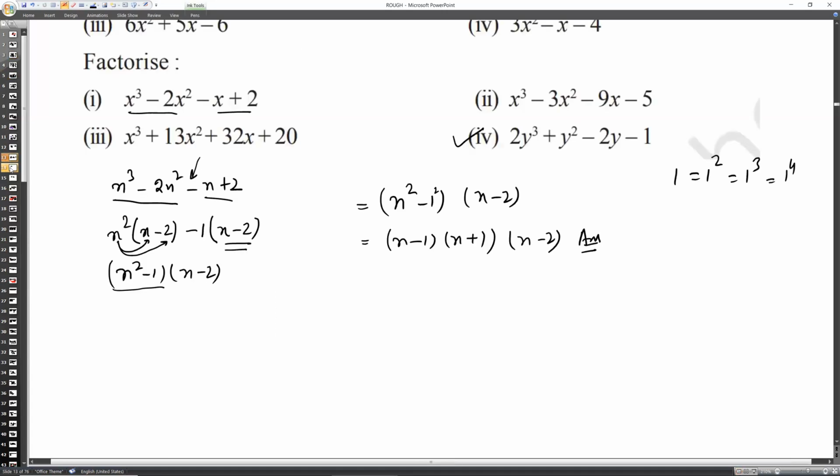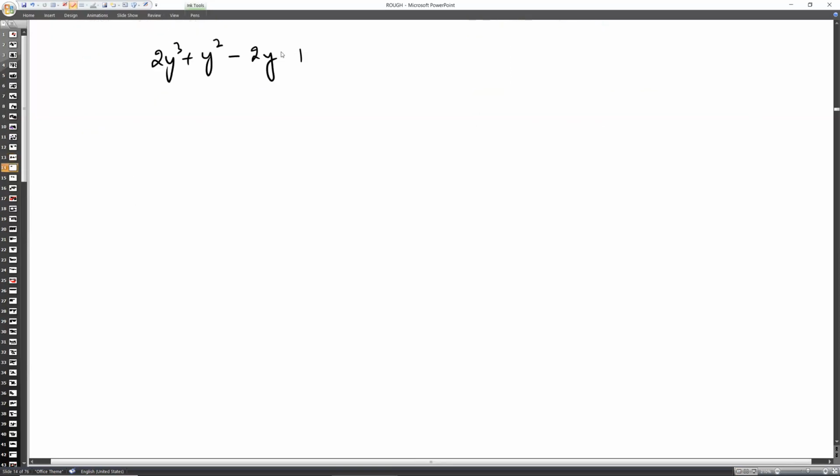Minus 1. It is minus 1. Minus of 2y, then minus of 1. So you can do this one by simply writing 2y cube, plus y square, and then minus 2y, and then minus 1.